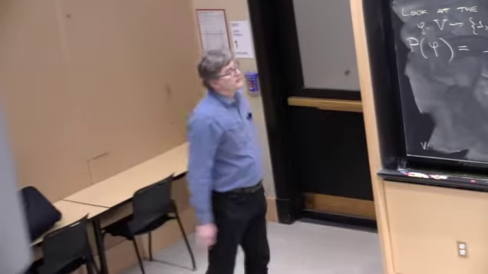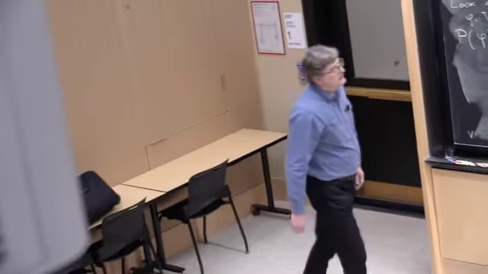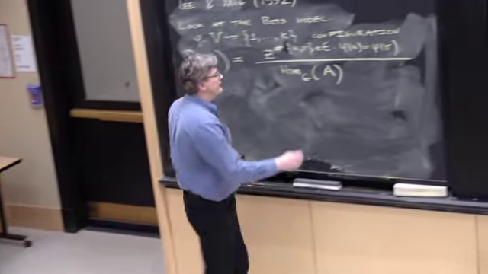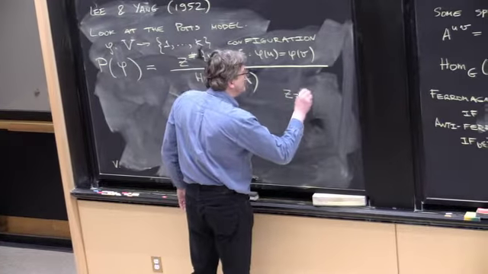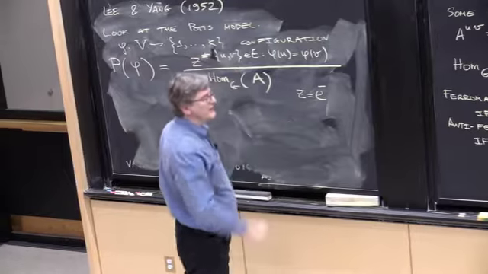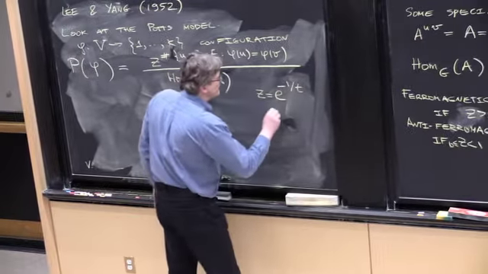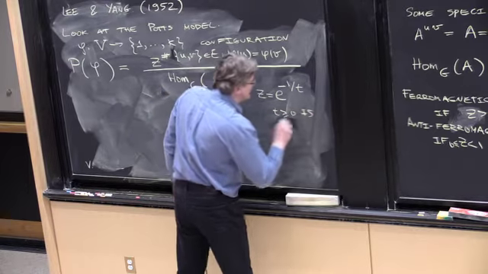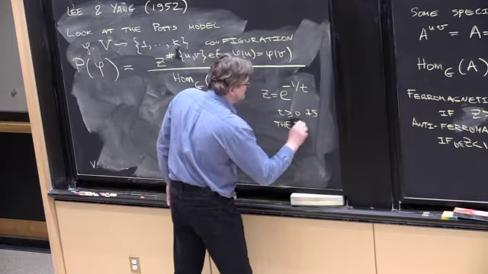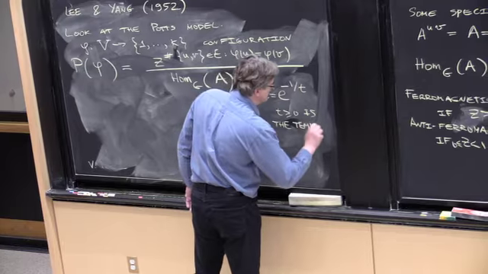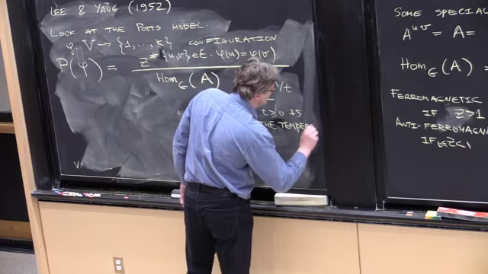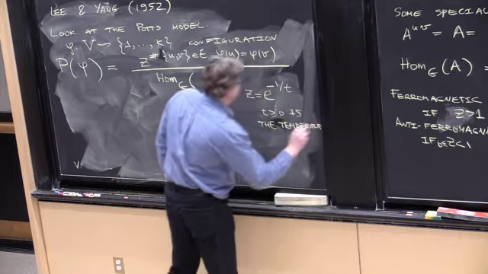So what is z here? z is basically e to the, in the antiferromagnetic case, -1 over T, where T is the temperature.